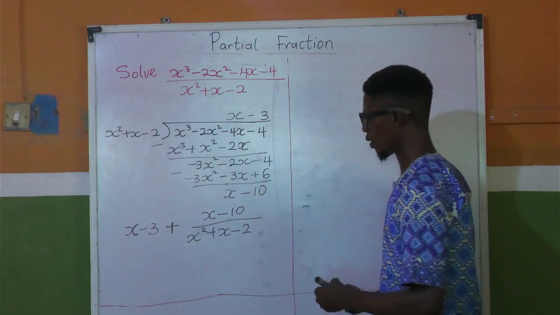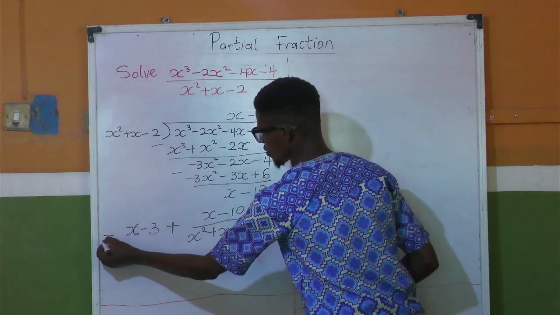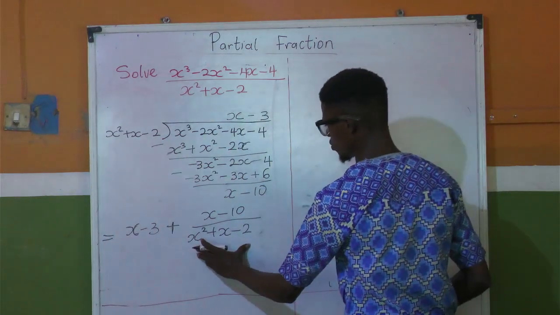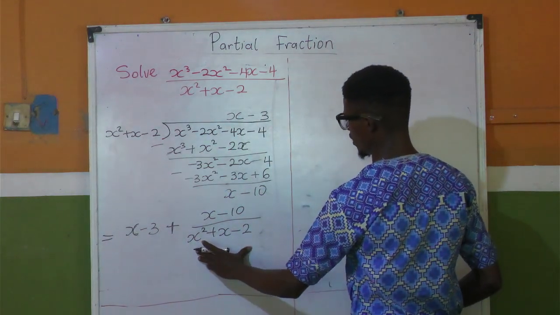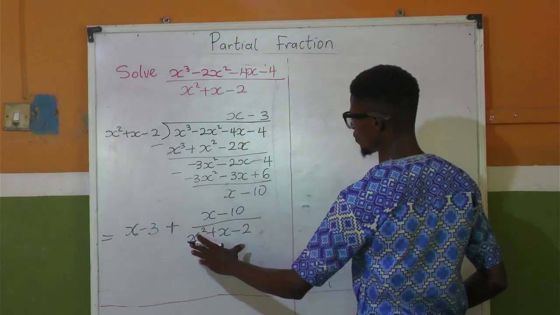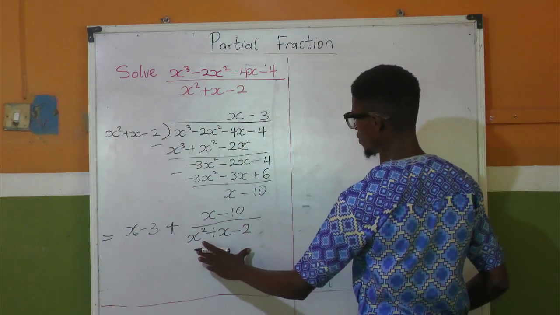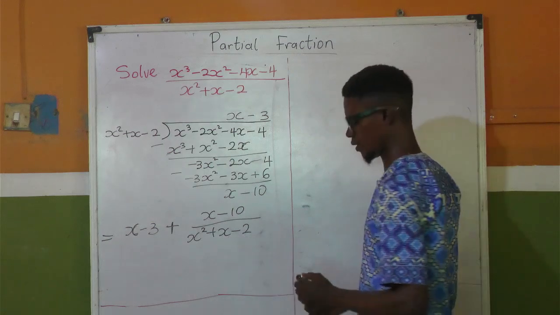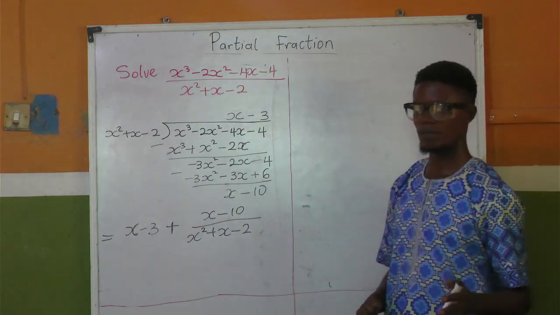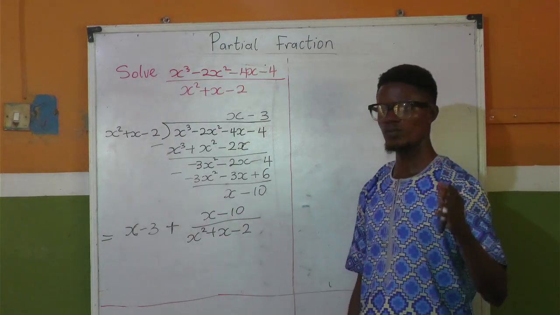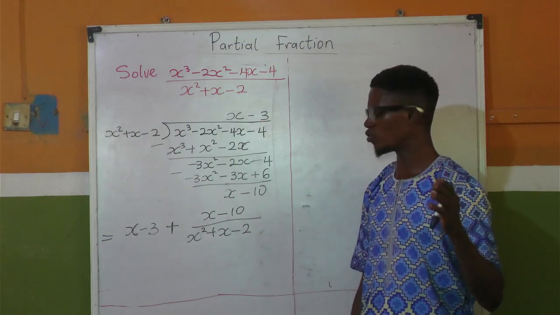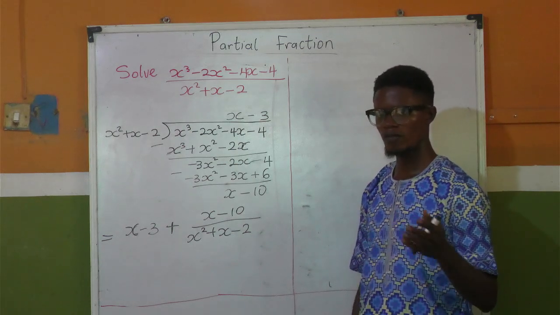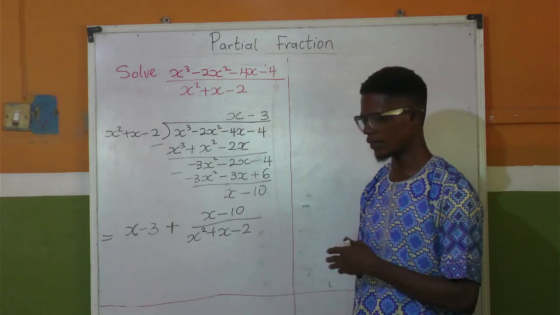These are what I want to keep in focus now. This is what we want to solve essentially. Now we're going back to finding our factors. We have to find the factors of our denominator. Like I said, one of the very important things about partial fractions is that you must know the factors of your equation.